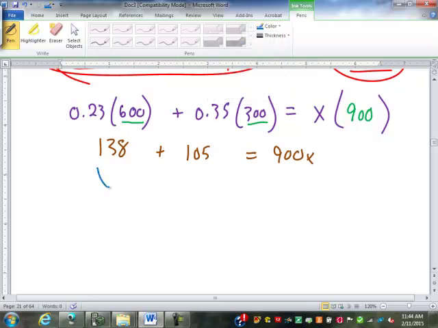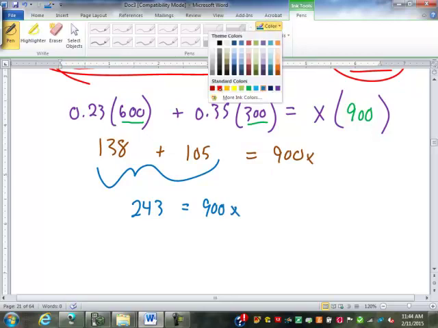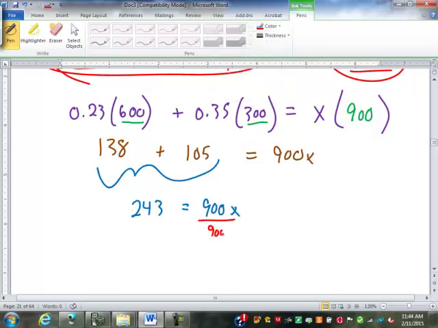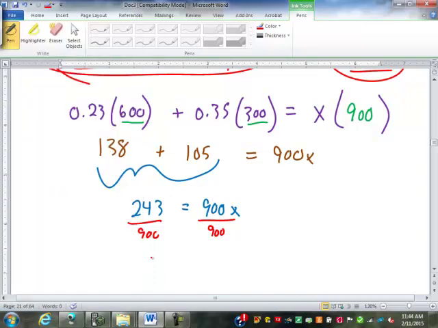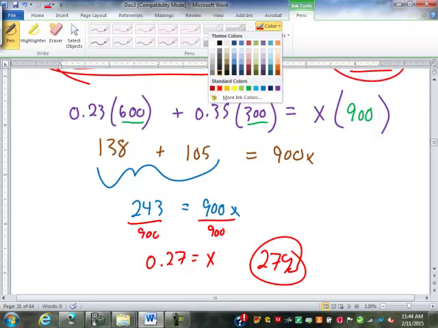So now we're going to add. 138 plus 105 is 243 equals 900x. And we should divide by 900, giving us 0.27 equals x, or a 27% solution. Simple enough, right?